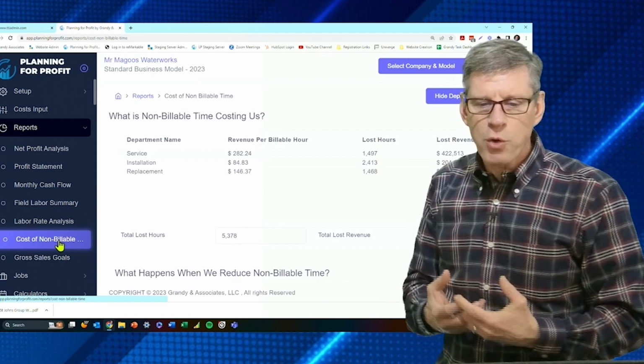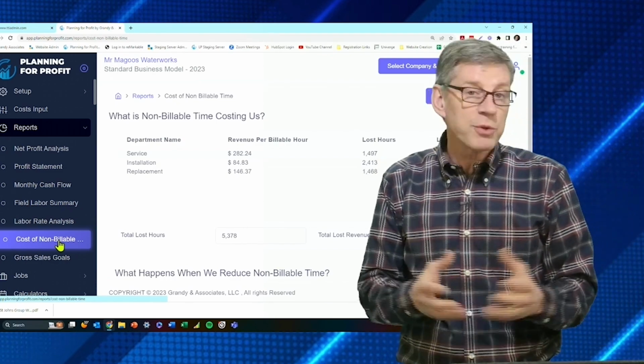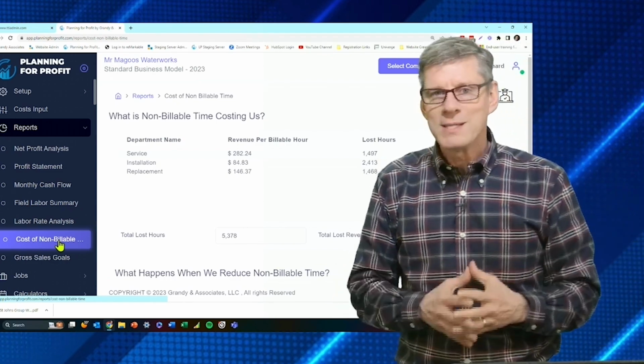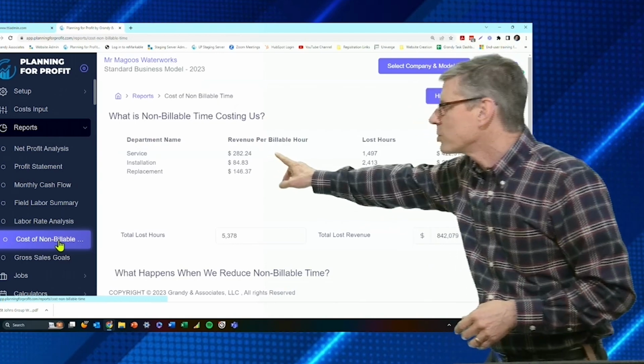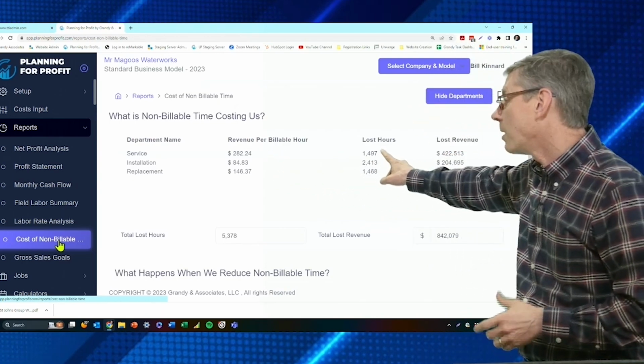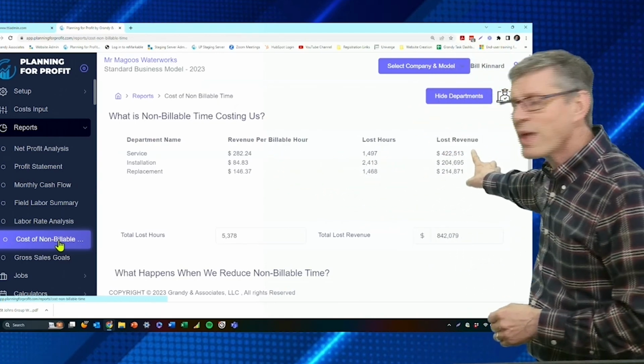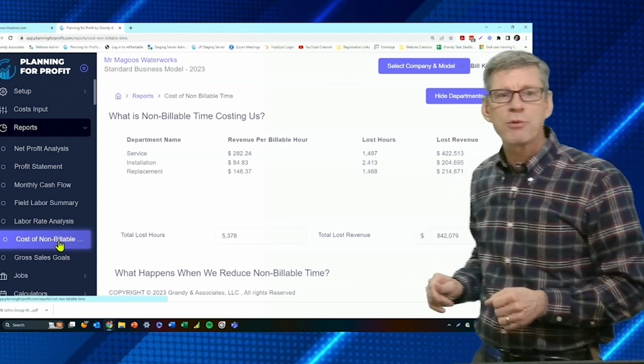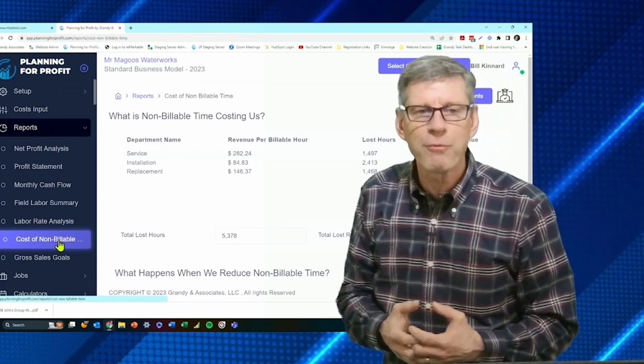Almost 1,500 hours throughout the course of the year that we couldn't bill for. Well, easy math on that one. When I take the $282 times those almost 1,500 hours, that's $422,000 in revenue that we won't be billing out this year.